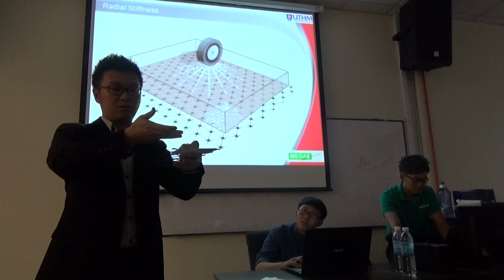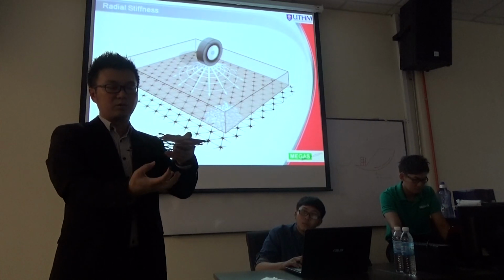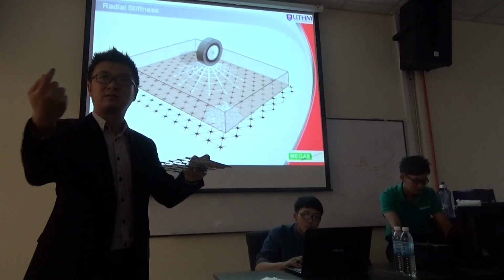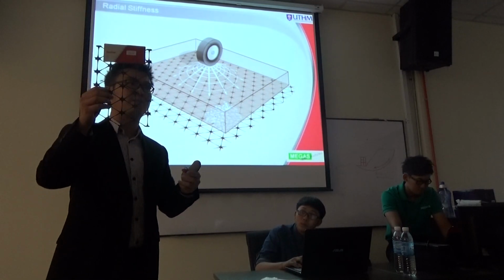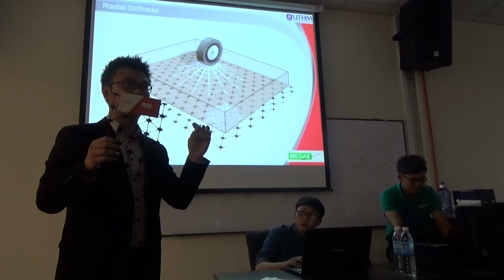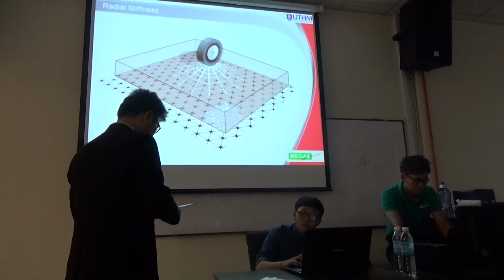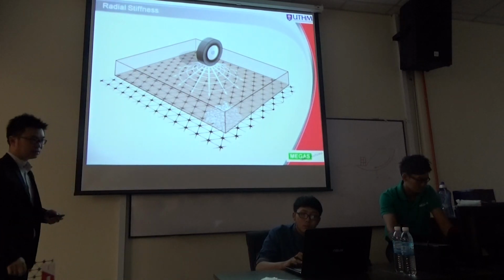The best way for a load to distribute onto the ground is circular, covering all angles. This is not 100% yet, but it's quite close. Later I will show some research results on the stiffness of this multi-directional geogrid.